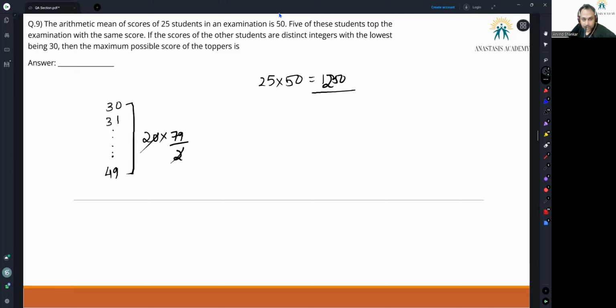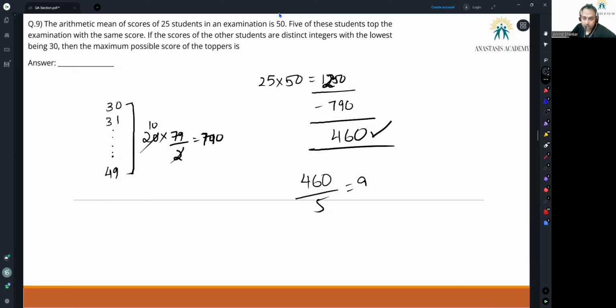So cancel. 10. Scores of the 20 lowest kids is 790. So you subtract 790 from 1250. We are left with 460. Now 5 kids together have scored 460. All of their scores are identical. So 460 by 5, you get 92.